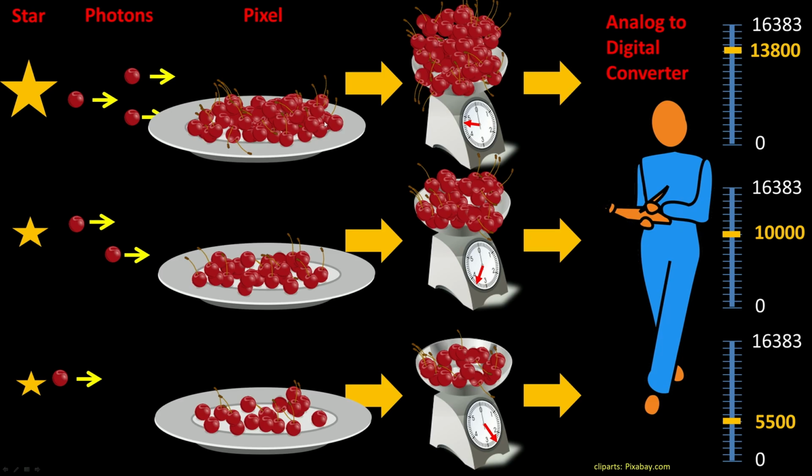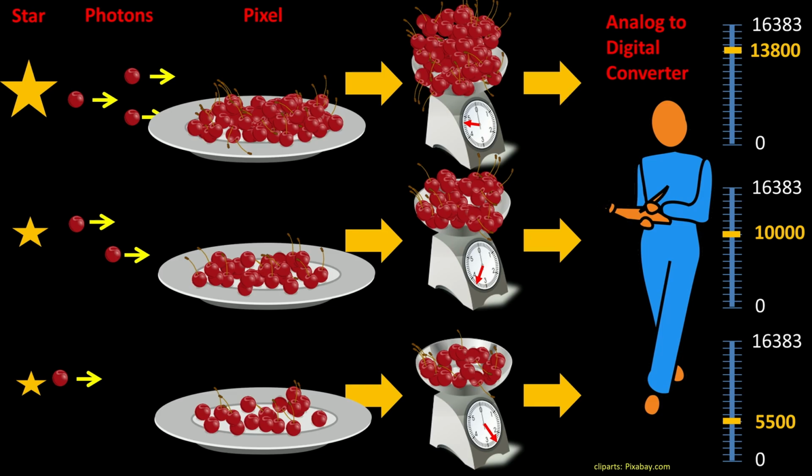The amount of electrons on the pixel depends on how many photons land on that pixel over the exposure time.